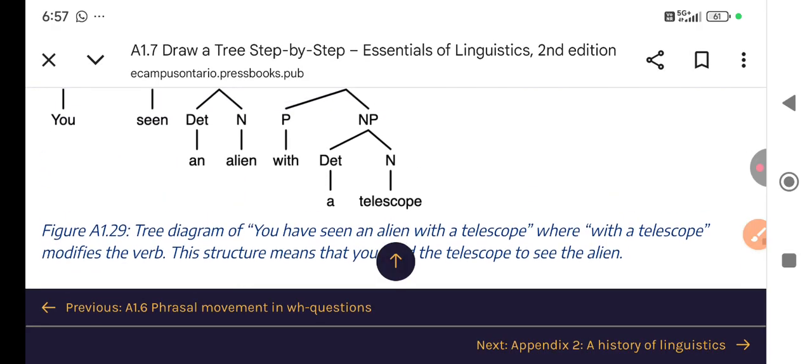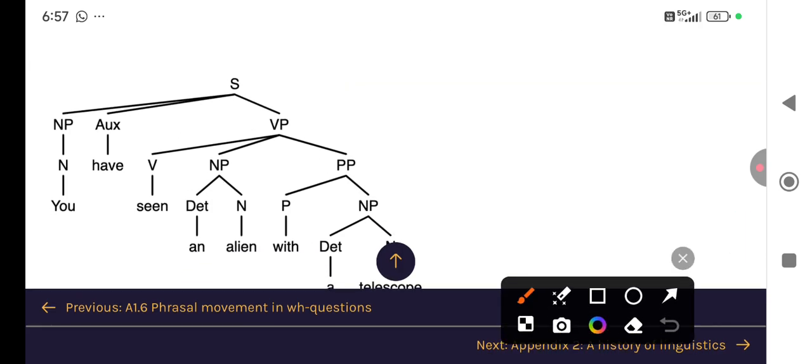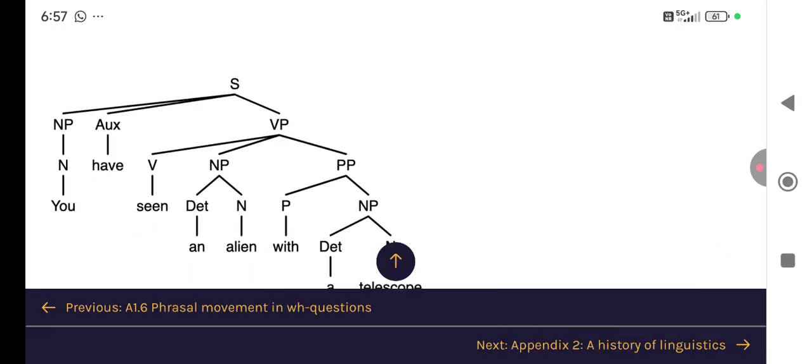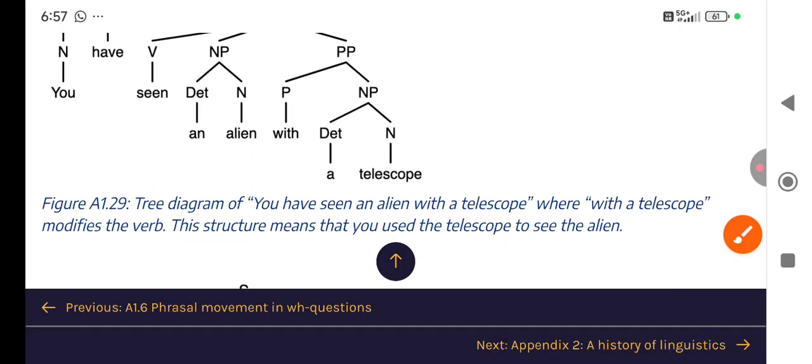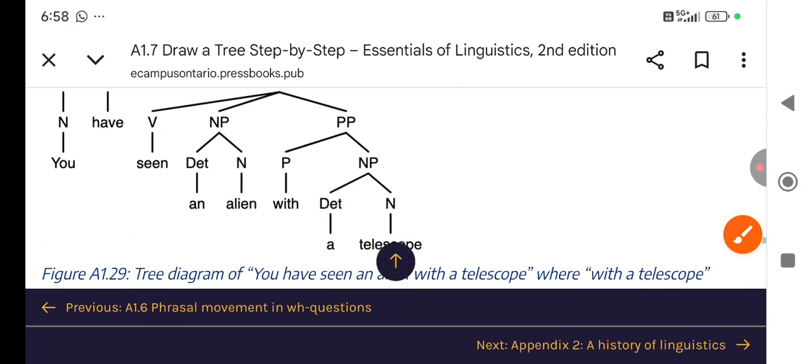So here you have taken out the interpretation, and then accordingly the tree diagram should be drafted. You have seen an alien with a telescope, right? So you use a telescope to see the alien. This is the interpretation for such a sentence, so it will be analyzed this way.